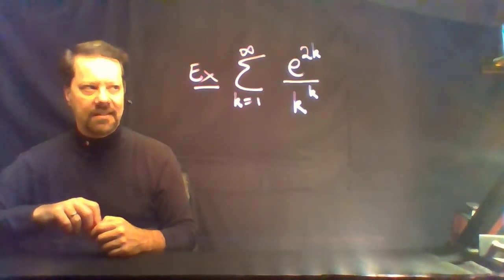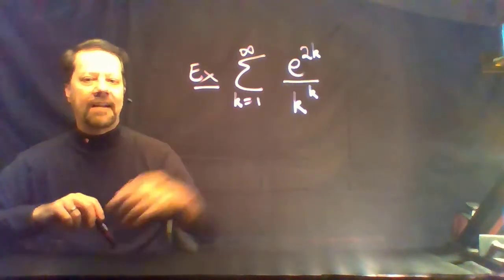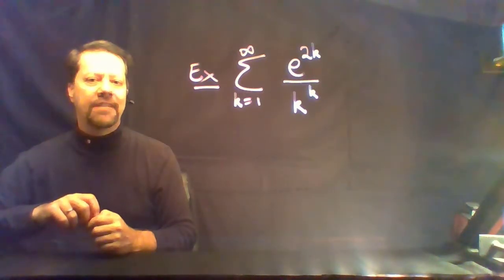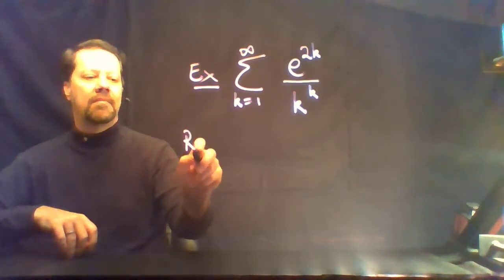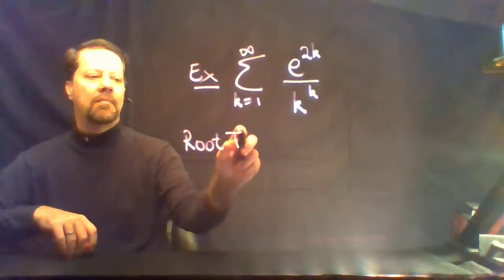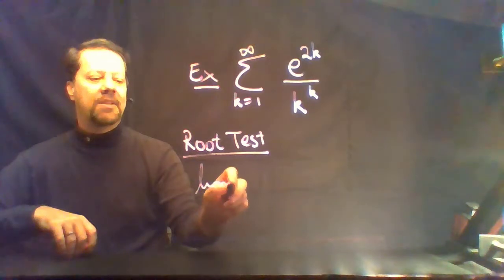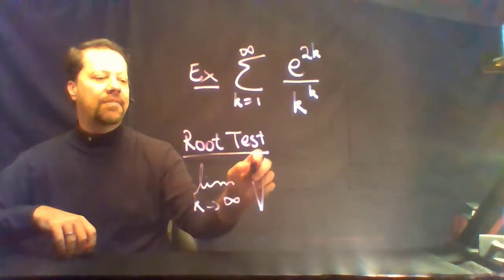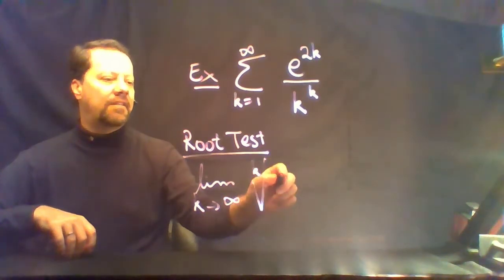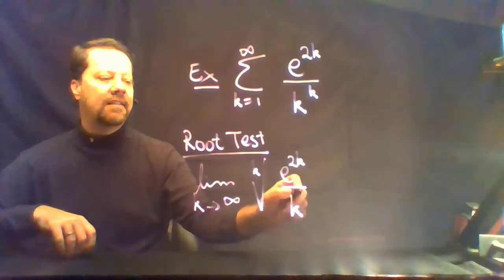What is the correct test to use in this case? In this case, because both of the factors in numerator and denominator have powers of k, you might try the root test. We'll take the limit as k goes to infinity of the kth root of e^(2k) divided by k^k.